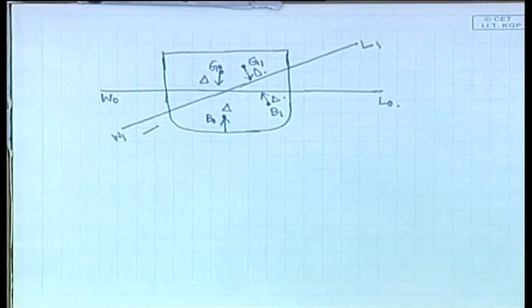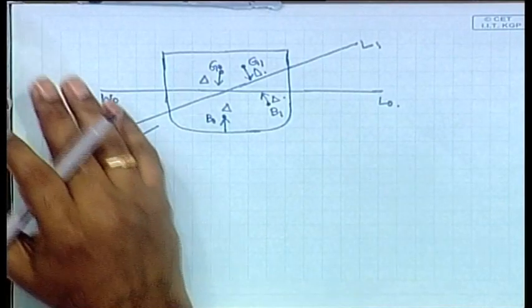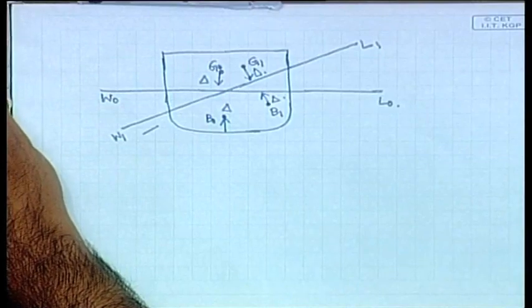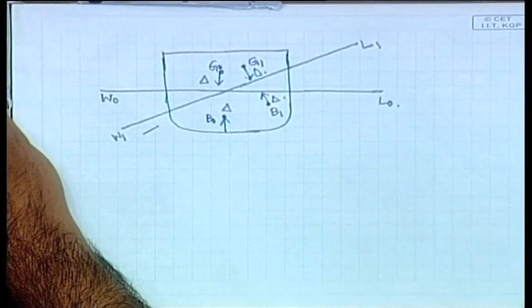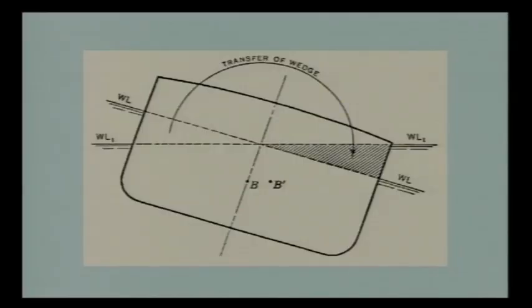Now, that is what this figure is showing. This WL is the initial position of the water line, and the body has tilted to the right side, as a result of which WL1 has moved up, not to the right, it has moved up in the opposite direction.